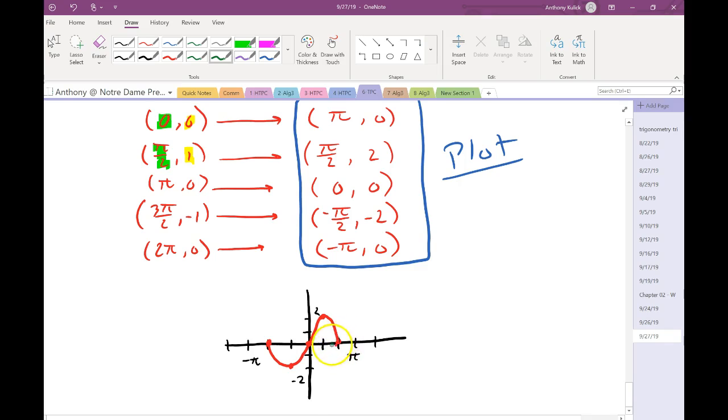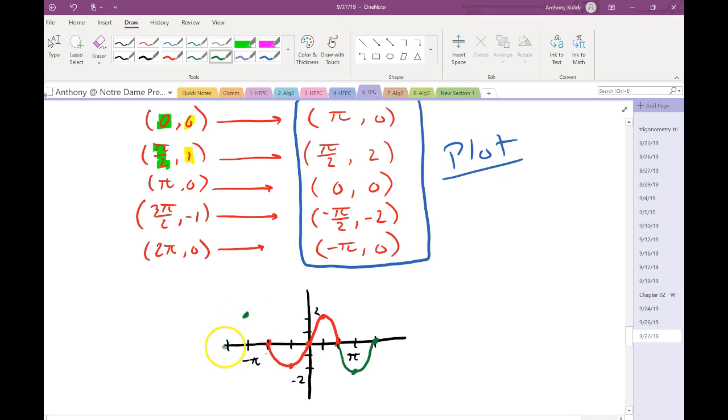So the next point after this one at positive pi should be the minimum. It should be down here at negative 2, right? If I continue on with the pattern. And then from there we should go back to the x-axis. Similarly, if I'm starting at this point, the next point to the left should be up here at the maximum, at positive 2.